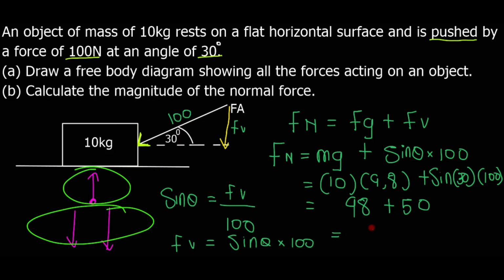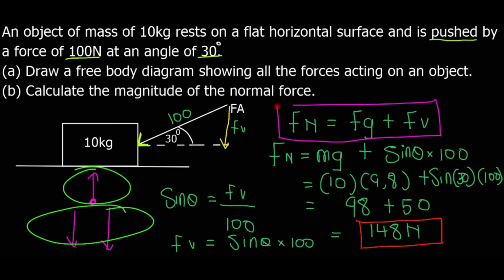Our answer is 148 newtons. So this is our normal force. So an object being pulled and being pushed is slightly different. This formula is always used when an object is being pushed at an angle. So that's it for this question.